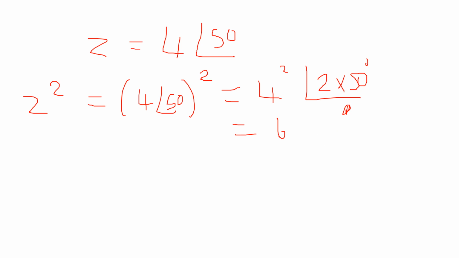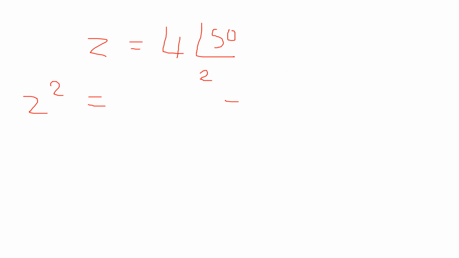So let's say now you are given a problem where you must express it in polar form, but it's given in rectangular form: 2 plus j5, all to the power of 4.